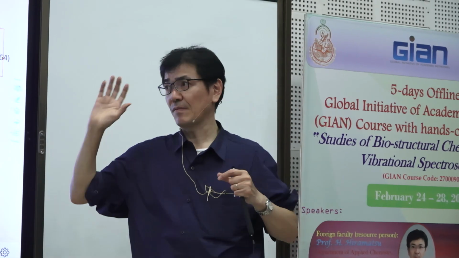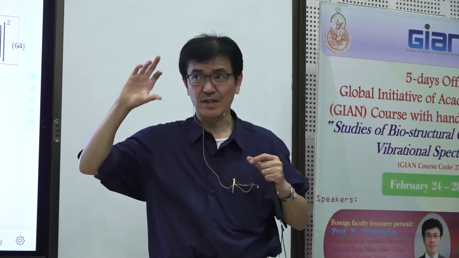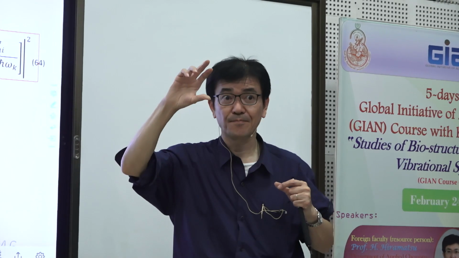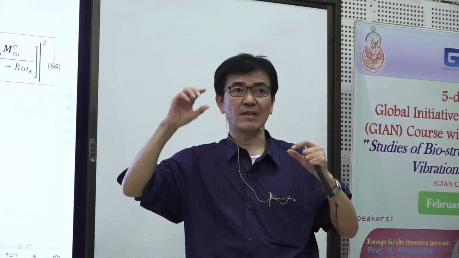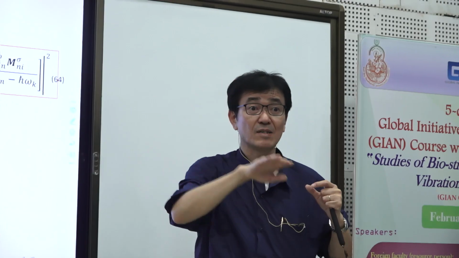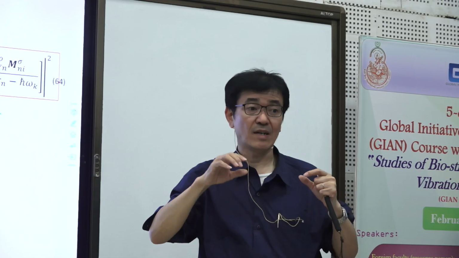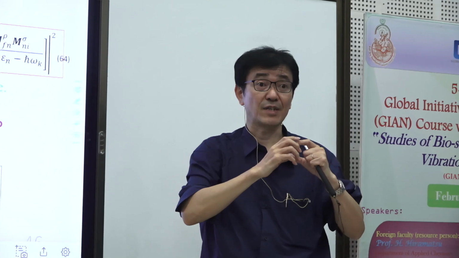So Raman scattering occurs as a consequence of second order perturbation. So the interaction between light and molecule occurs twice. And in the case of hyper-Raman, it occurs 3 times. The probability becomes much smaller. That's why hyper-Raman scattering does not occur so frequently.